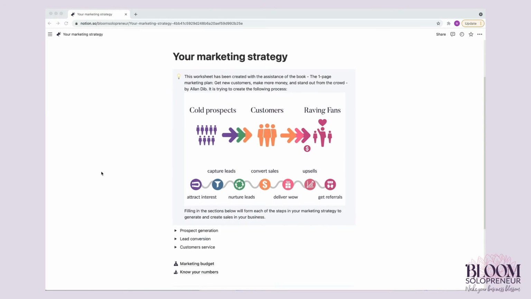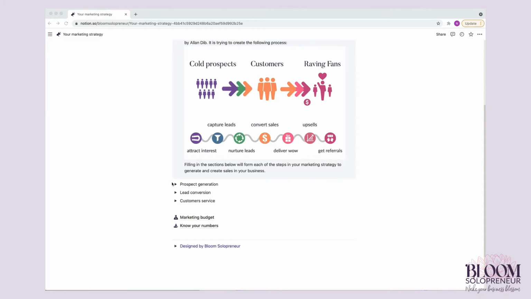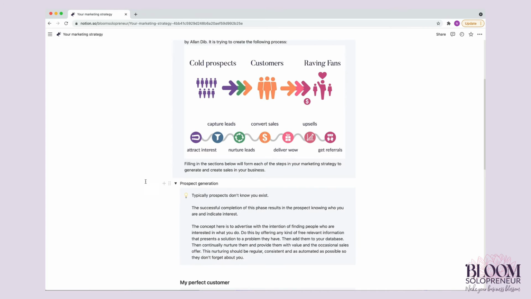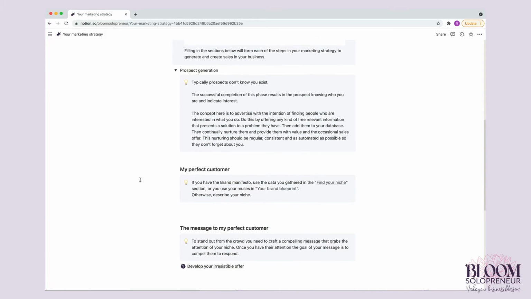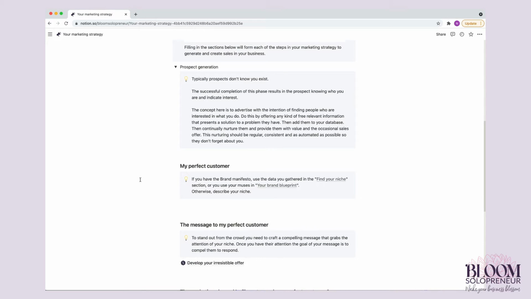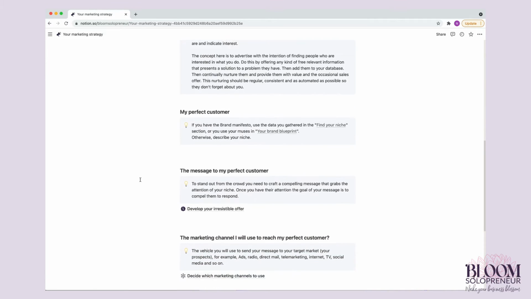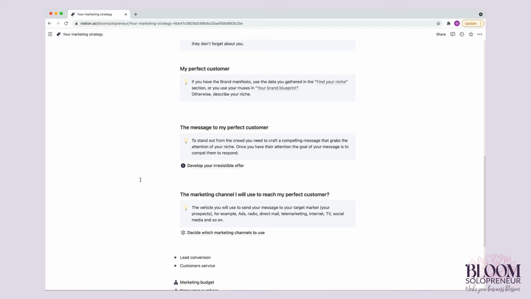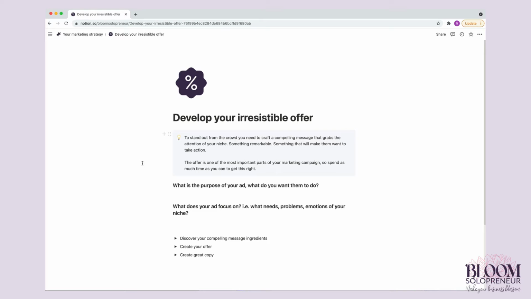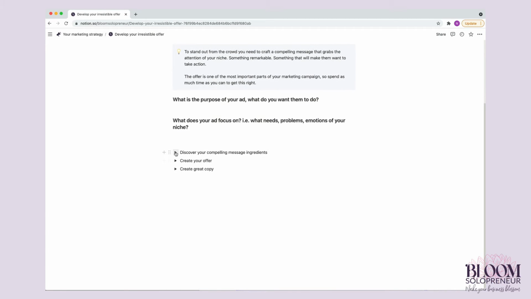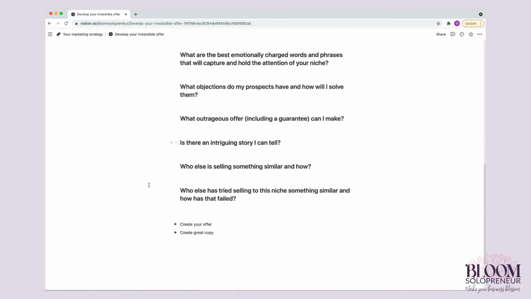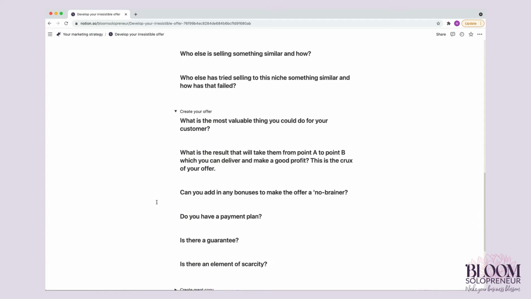So the worksheet, as I say, is split into 3 phases, each with 3 sections. First of all, it's defining who your prospect is, who you're going to be looking for, what's the message that you want to give to that perfect customer, and it gives a further worksheet on how to develop that offer that your customer would want.